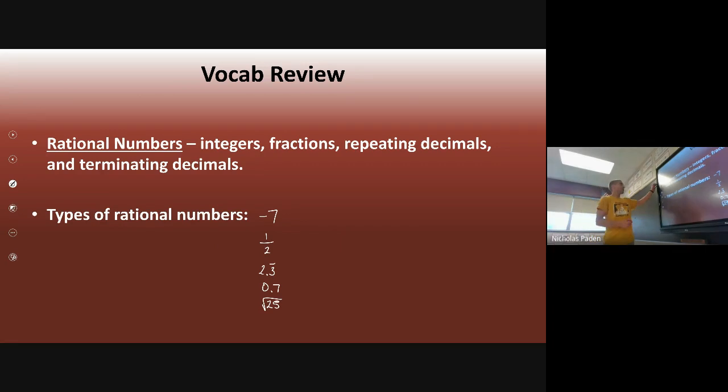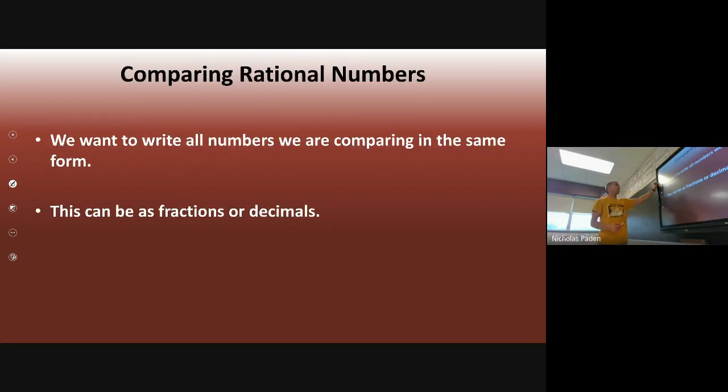Okay, so when comparing rational numbers, we want all of our numbers that we are comparing to be in the same form. That means we want all of our numbers to be either fractions or we want them all to be decimals. And so we might have to use what we've talked about with turning fractions into decimals and decimals into fractions and use this knowledge to compare these rational numbers together.